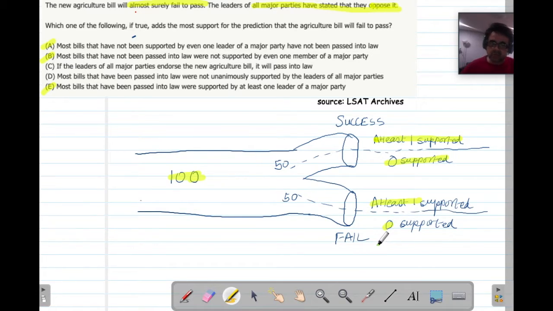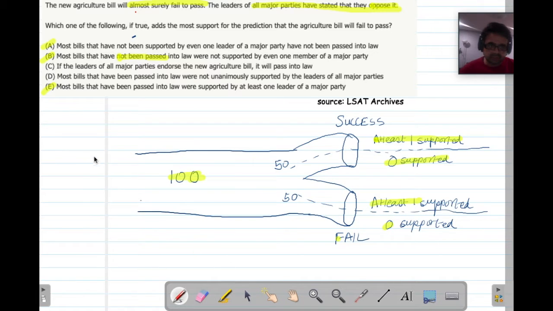Now let's look at each of the answer choices and see, if we take certain numbers, what the result would reveal. So B says most bills that have not passed, so not passed, which means fail. So I am looking at this side, right? It says not passed were not supported.